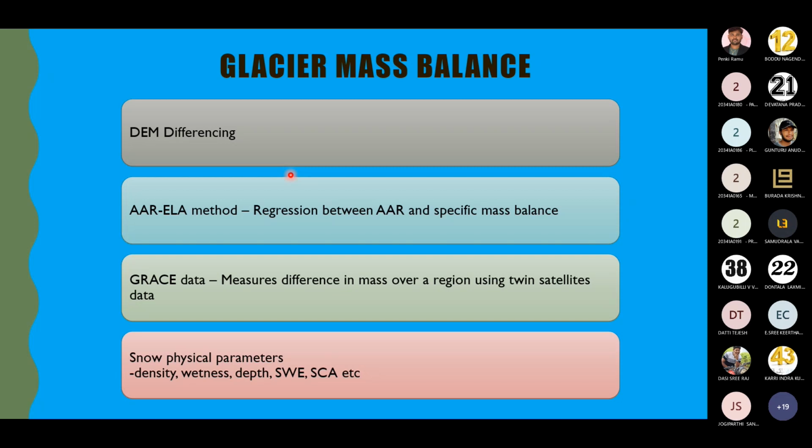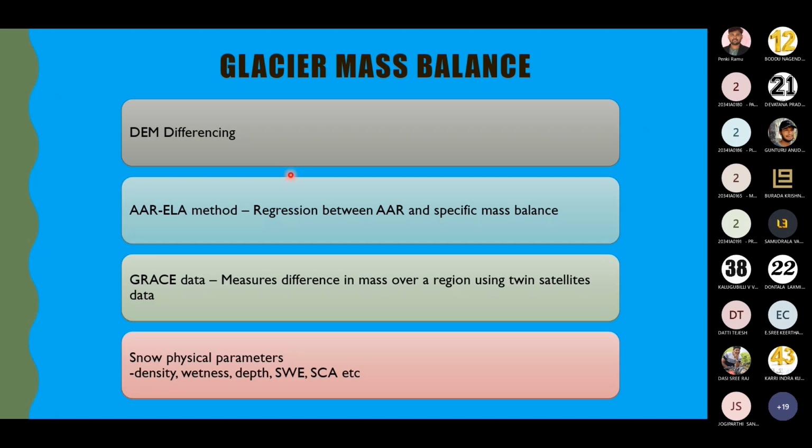And further we have satellites such as GRACE. GRACE is a twin satellite experiment where two satellites move with a certain distance between them. Depending on how the Earth's mass is changing, the distance between these two twin satellites is going to alter.